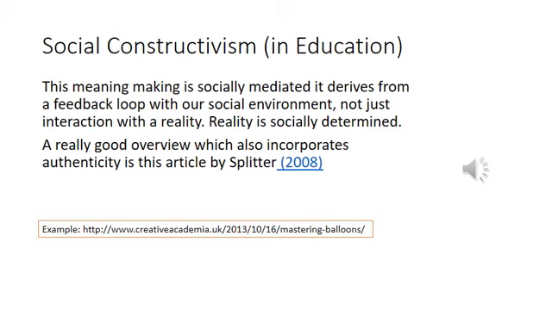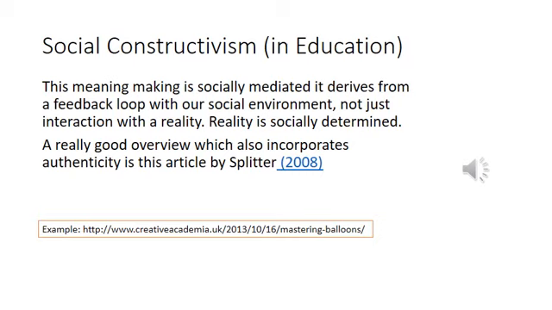So in social constructivism, meaning is basically not just created in interaction with reality, but actually reality is socially determined, and depending on which network you are in, this reality might actually slightly change.